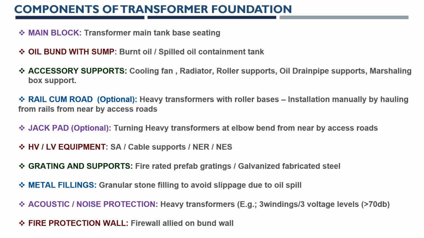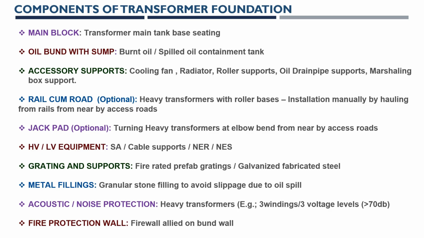Generally this hauling will be done using rails from the access road near the place where the transformer is unloaded. Next one is a jack pad. This is also optional for a heavy transformer.